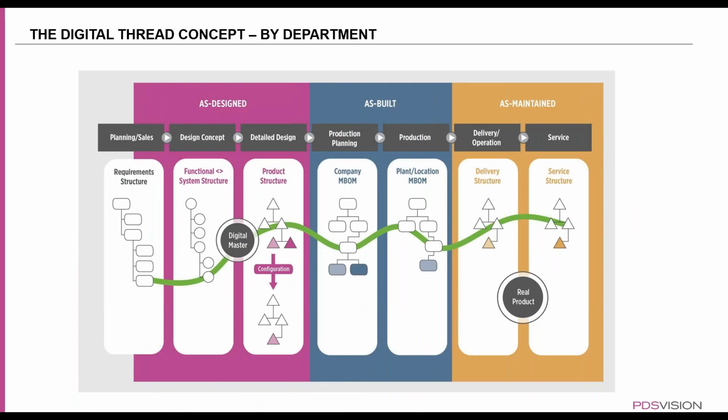If you look at the flow of this digital information data, this is where you start on the planning, the requirements, the design concept, and then the detailed design. This is information that's called as-designed information.